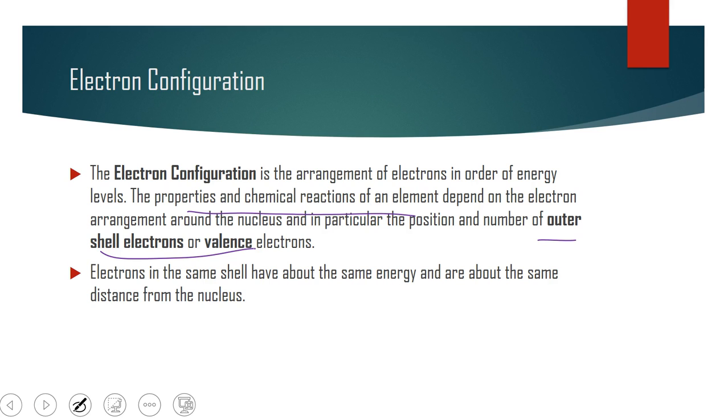It is important to remember that electrons in the same shell have roughly the same energy, and they're about the same distance from the nucleus. So we're grouping electrons into energy levels and distance from the nucleus in order to start determining how they behave.